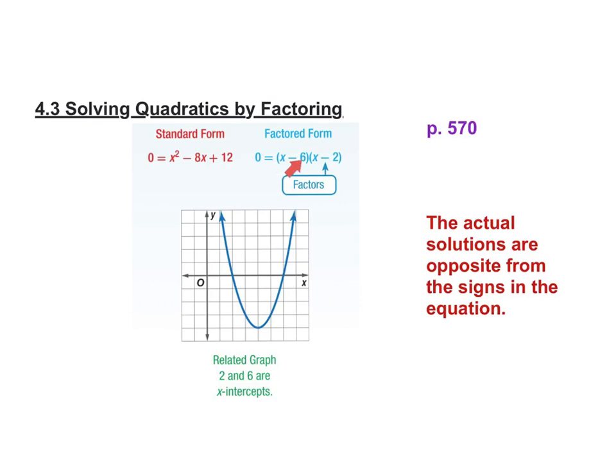So the factors, the solutions are +6 and +2. And we already verified that from the graph. So when you have it in factored form, you can just pull off the solutions, knowing that the sign is going to be opposite of what it looks like. And in a few slides, you're going to see why that works out like that, that the signs are always opposite that way.